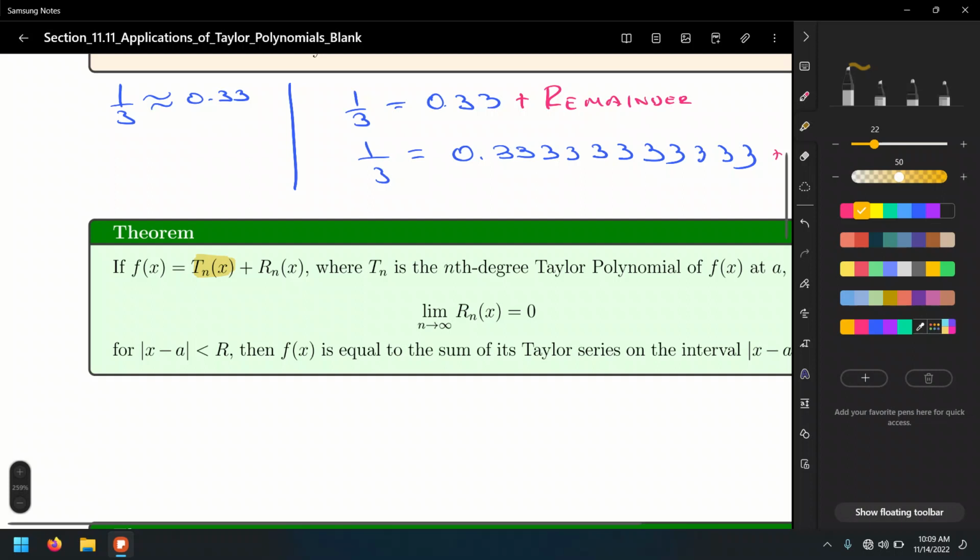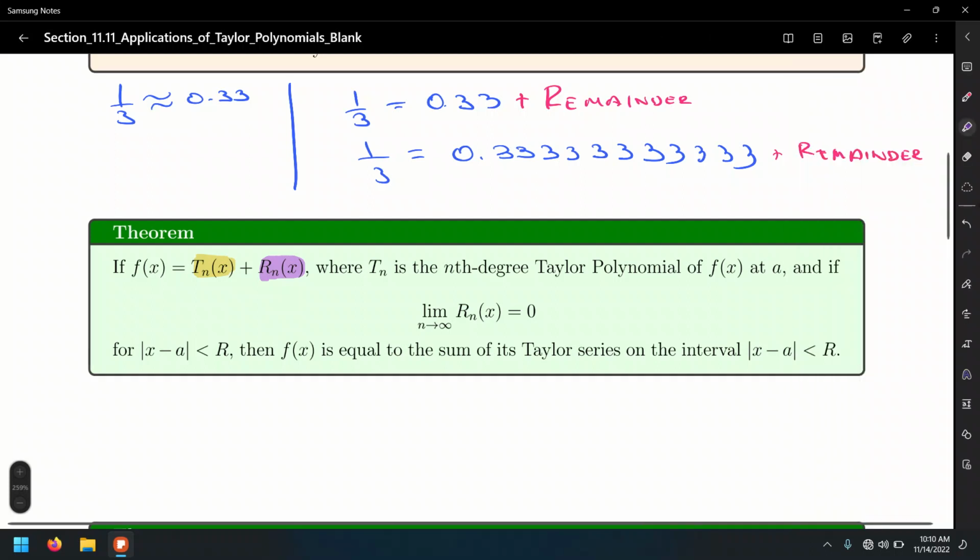Whenever we use the third degree polynomial or the fifth degree polynomial, even though in some cases the approximation is good, it's only an approximation. It's not the actual value, so we are leaving out infinitely many terms. We're just using, say, 5 terms, 7 terms, 15 terms. It's just an approximation, and that's the remainder here.